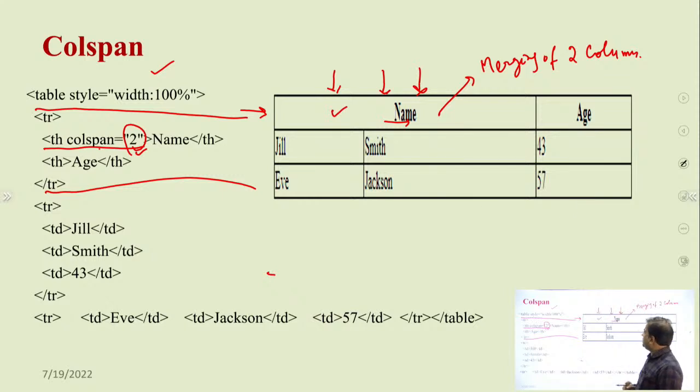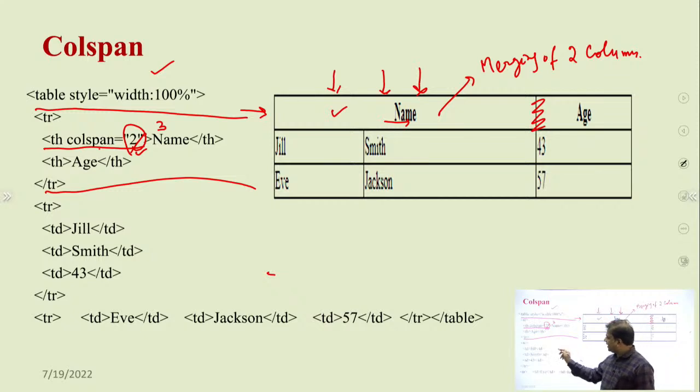Suppose I write 3, so what will happen? What will the output be? This line will disappear and age will move to the next column, and it will have 3 columns merged, right.